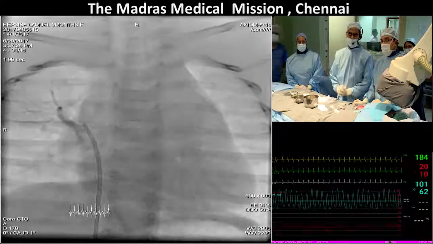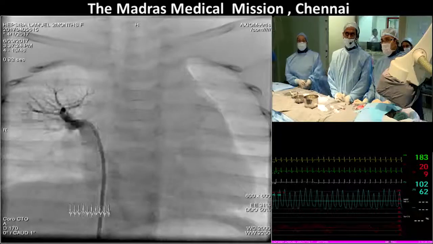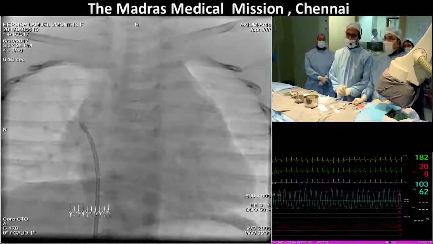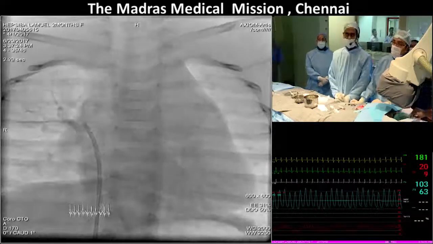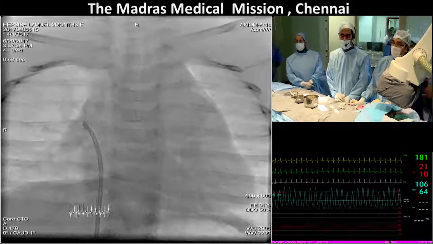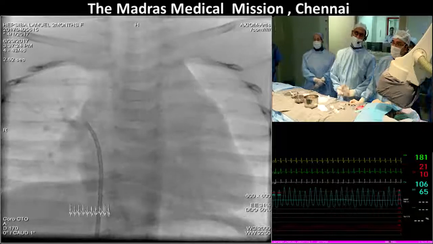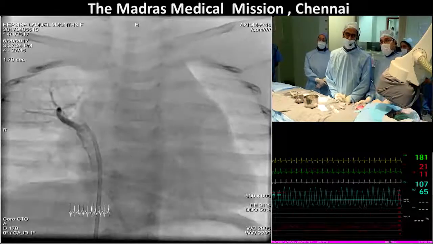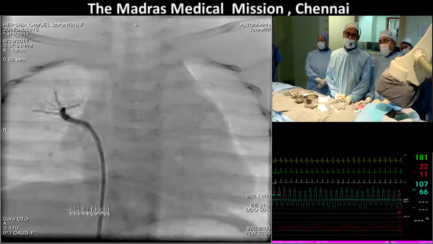The right and left atrial pressures were a mean of 8 millimeters of mercury. The pulmonary artery mean pressure was 16 millimeters, with a systolic of 21 and diastolic of 10. When we advanced the catheter into the right upper pulmonary vein, we could appreciate the right upper pulmonary vein draining normally.